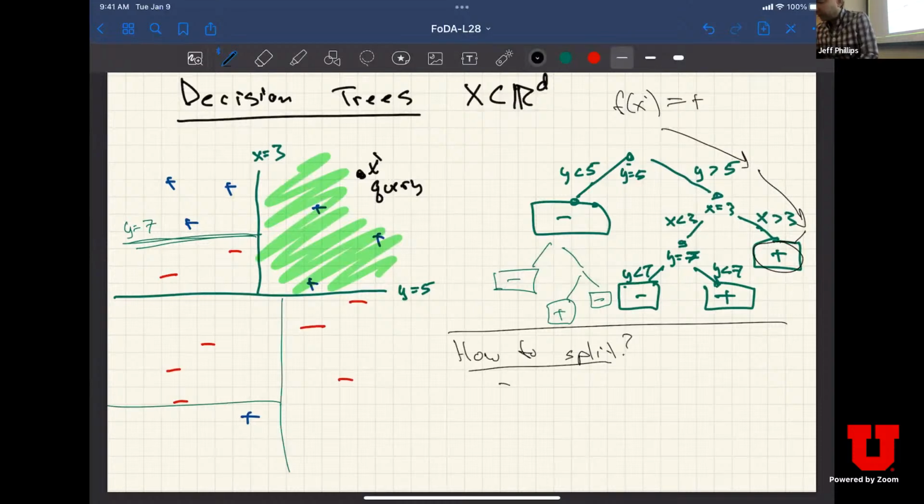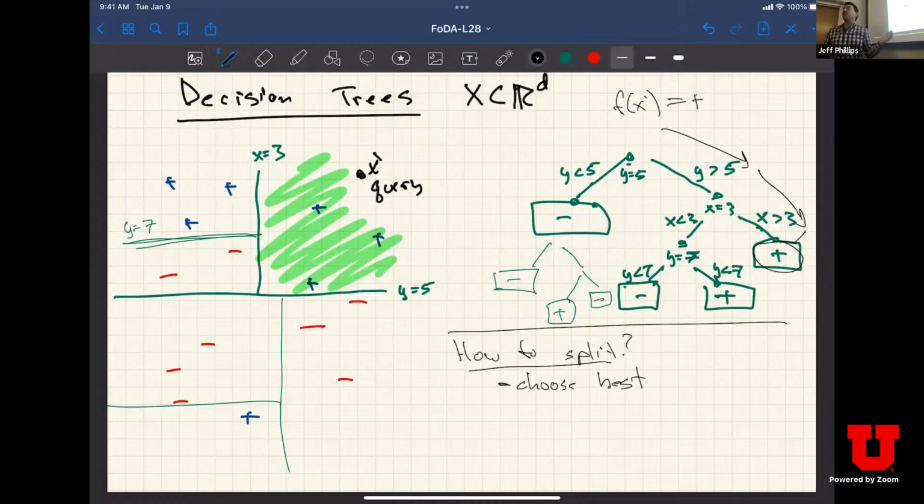All right, so let me write this down as choose the best one, right? There might not be a linear classifier. If there was a linear classifier where I had all the positives on one side and all the negatives on the other, I definitely want to do that. That only happened twice. That only happened at the bottom layer here, and then in the left part at y = 7. Most times I didn't have a perfect linear classifier, right? If I have one, I probably want to do it.